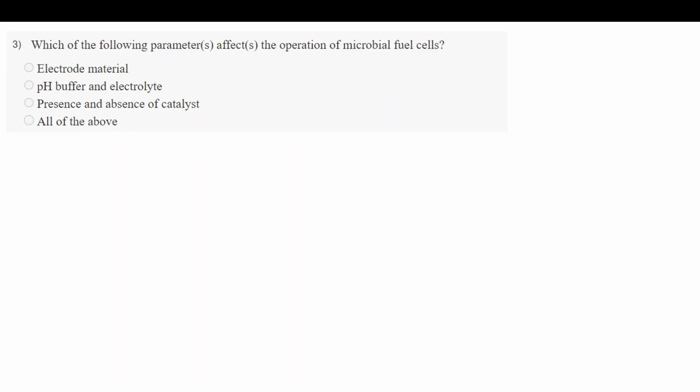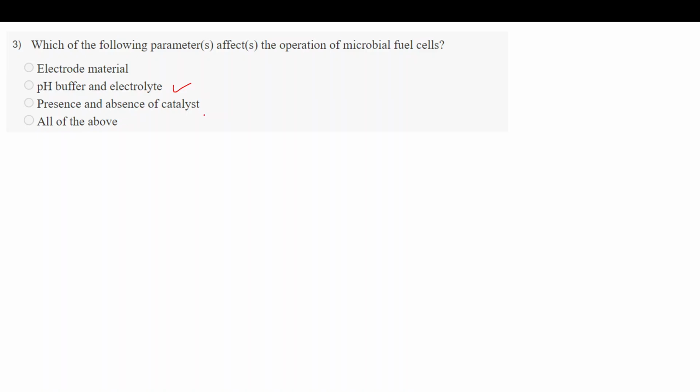So the electrode defines the reaction taking place. So electrode material, then pH buffer and the electrolyte. At different pH, the microbes have different efficacy, so that is how pH also affects the overall process.